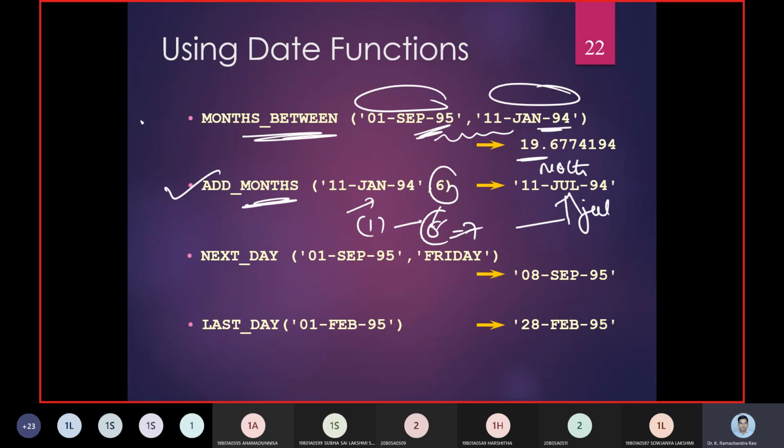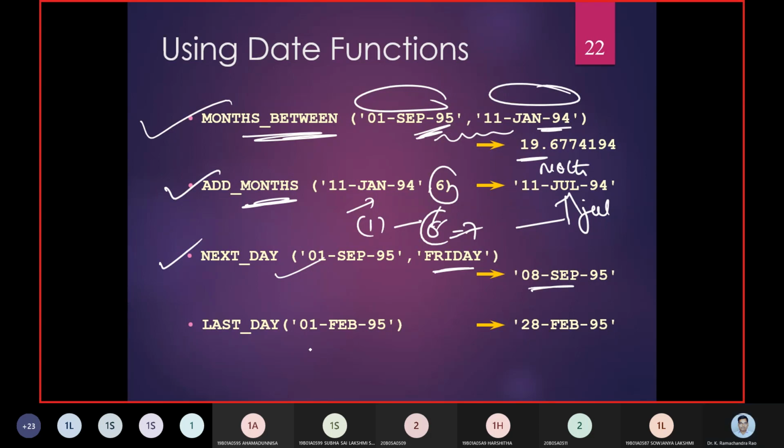So we can add months, and we can count the number of months between first and second. And the third one is next day: if today is some date, what will be the next Friday? It gives the next Friday's date.